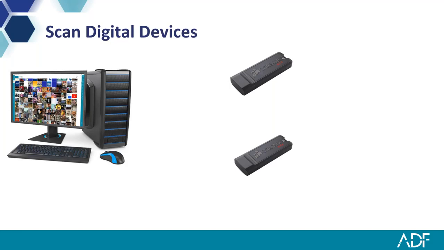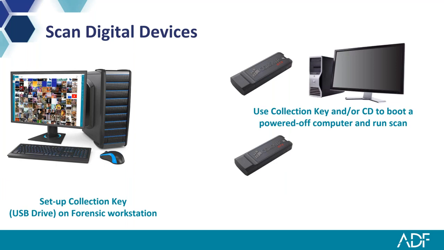It's an SSD drive, so you would use your desktop version to create your profiles or use the out-of-the-box profiles, and then prepare this USB device, which we call the collection key, and it would be prepared to boot either Windows, Mac, or Linux, and you could plug it into the powered off computer and power it up and boot to our USB device and scan that computer 100% forensically sound.